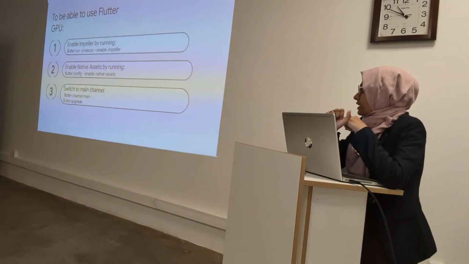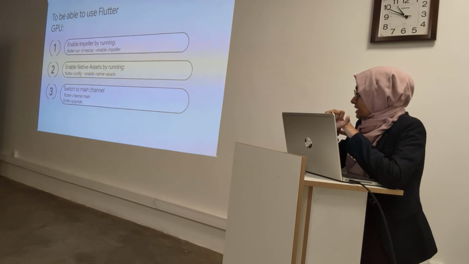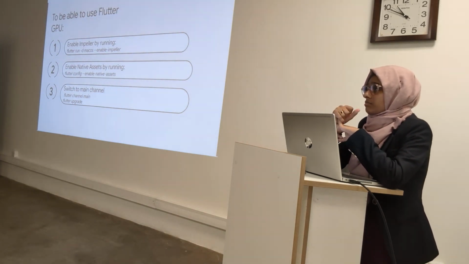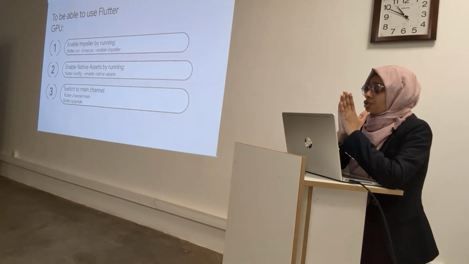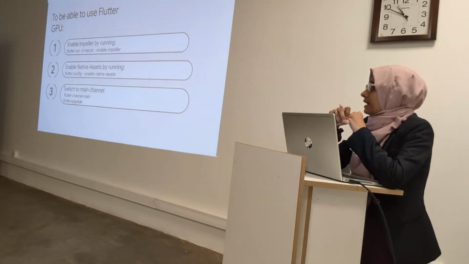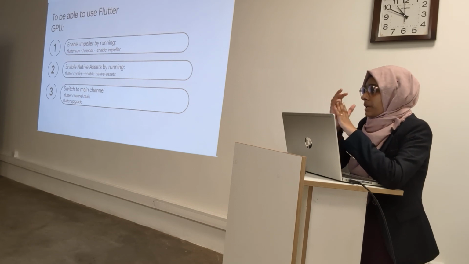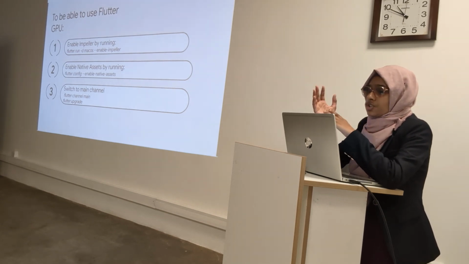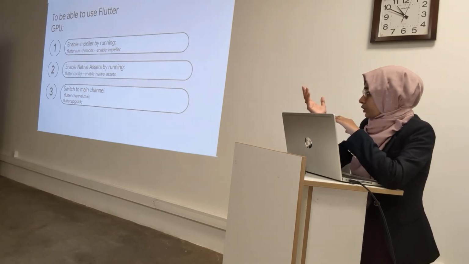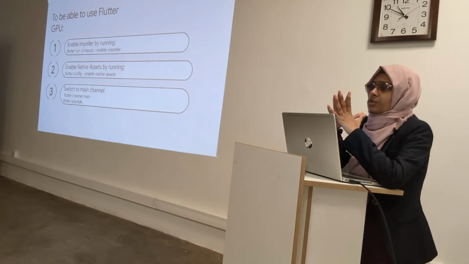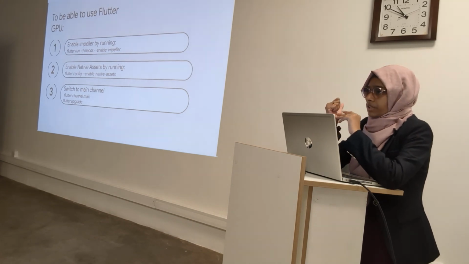We have to also enable Impeller and native assets. Impeller, like I mentioned earlier, is just the latest version of engine that we have, and there has been a lot of improvement made on it just to be able to tackle any optimization and performance issues that we had earlier. So we have to enable this because on the main channel you don't really have Impeller.